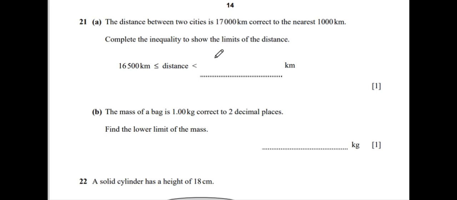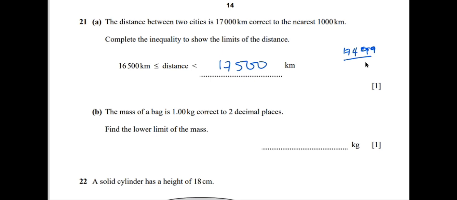That's simply 17,400, because remember that we have less than here. So a number that is less than this is going to give you 17,499. The maximum should be 499, whatever it is. That's the maximum number. When you approximate it to the nearest thousand, you still have your 17,000 kilometers.